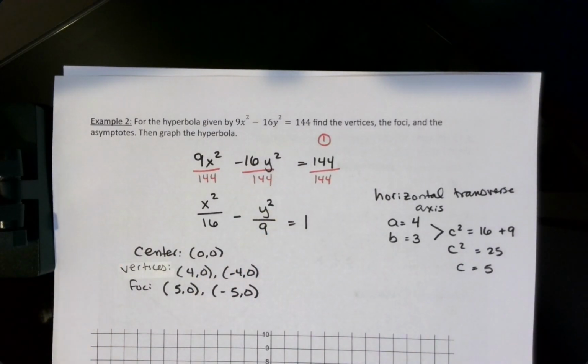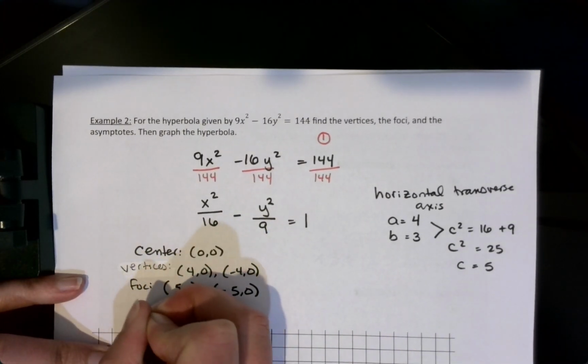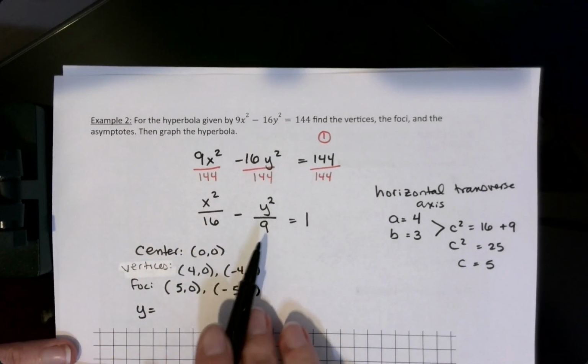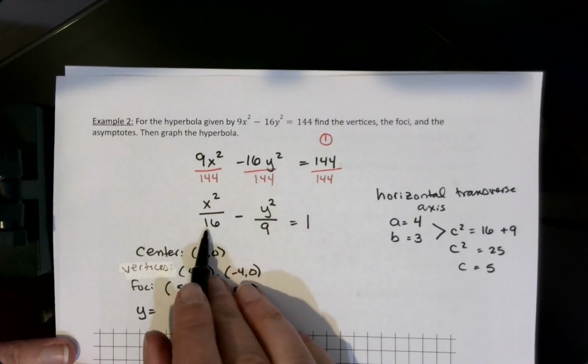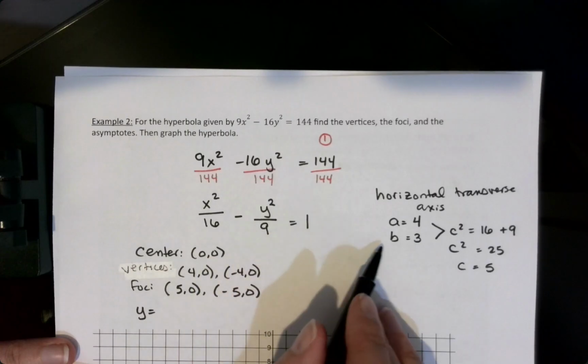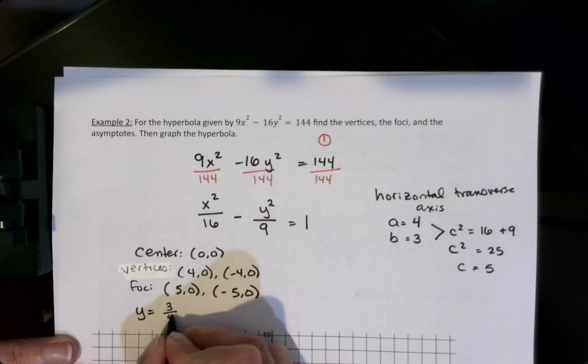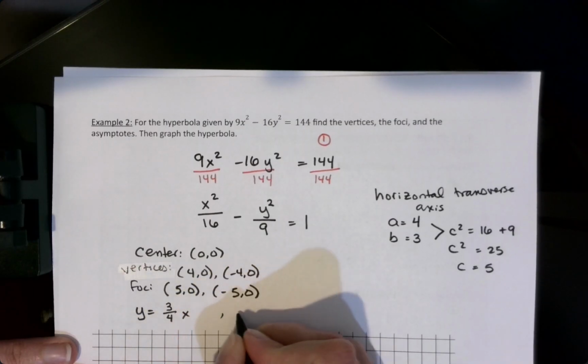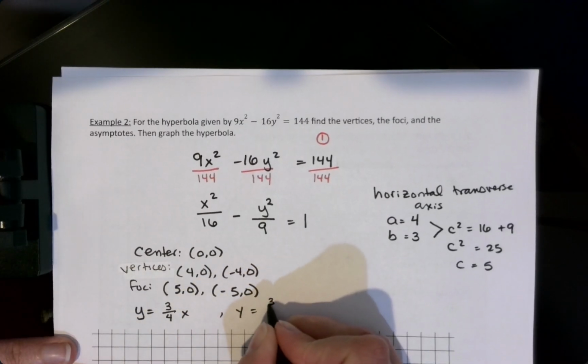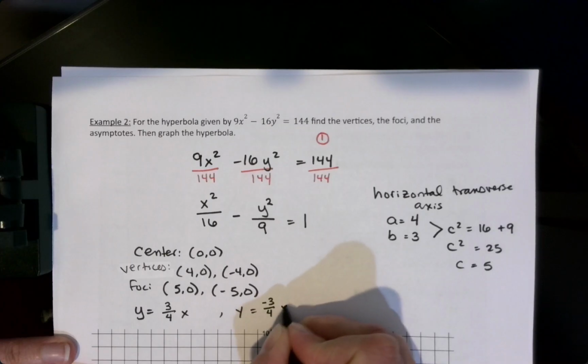And the asymptotes. You think about your slope here, your rise over your run. So the b value, which was 3, is underneath y. It's going to be 3 over 4 times x, and also negative 3 over 4 times x.